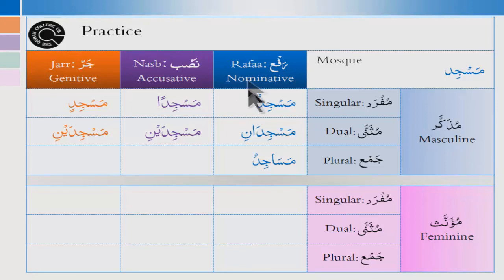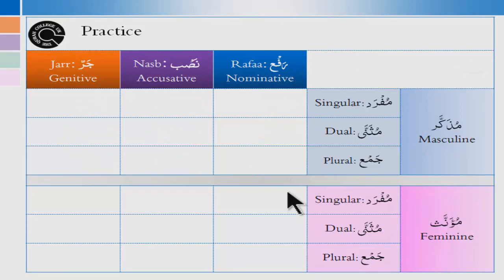It doesn't end with the tanween because it's a ghair munsarif, and that comes with the extensive reading that we have done. Masajidu, masajida, and masajida. Now you can see that when it's singular, it is a munsarif noun, but when it comes to the broken plural, it becomes ghair munsarif.